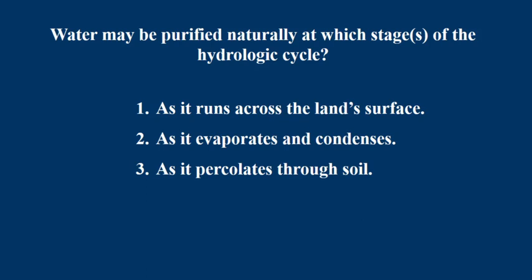As it evaporates and condenses, it leaves behind, especially in evaporation, pollutants and pretty much anything that's in the water. As it percolates through the soil, that is a great filter. And as a matter of fact, as we start talking about water purification, you're going to see we use gravel and sand and charcoal to purify water, which it's going to come in contact with naturally.